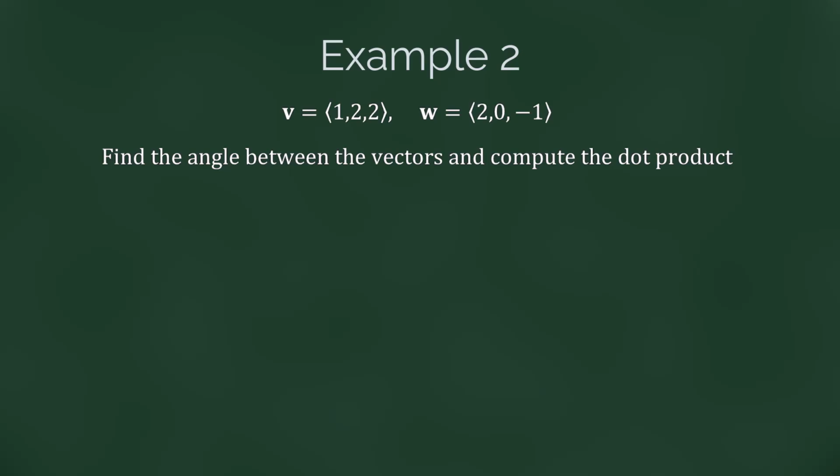In this example, we have two 3-dimensional vectors, and we want to compute the angle between them and compute the dot product. Well, we can use the component form of the dot product and then use that to find the angle. So we're going to go in that direction. We're going to do the dot product first.